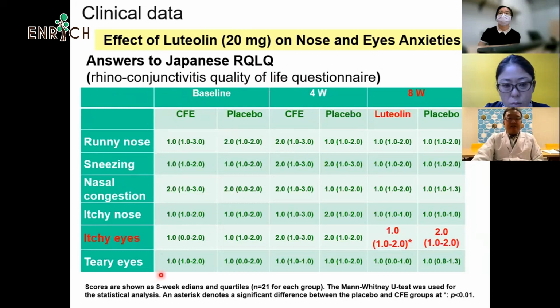As a result, itchy eyes score was significantly improved by 8-week ingestion of luteolin. So from these studies, pear seed extract and its active ingredient luteolin have significant clinical efficacy against type 1 allergies.